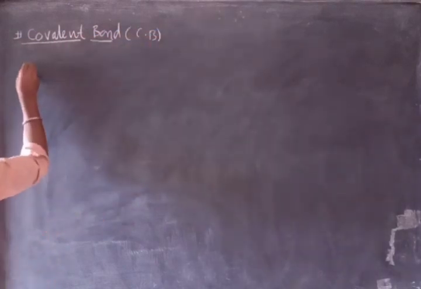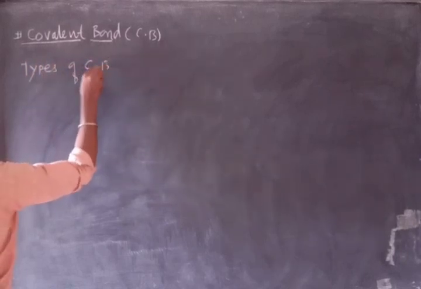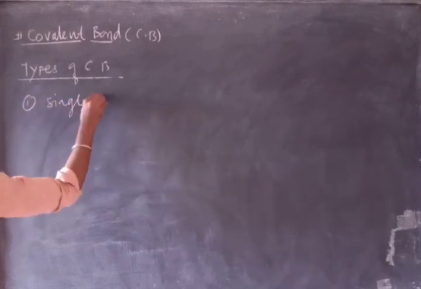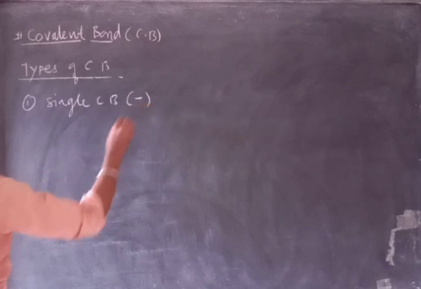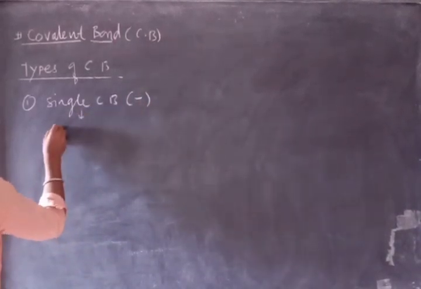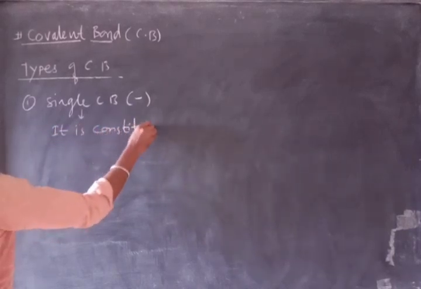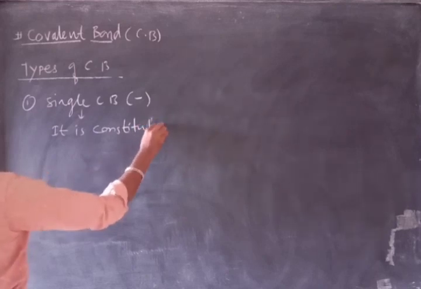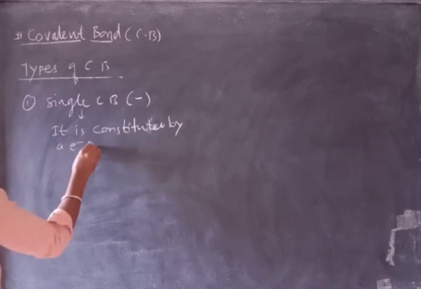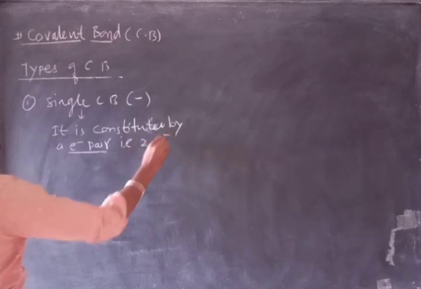So in the previous class we have learned there are three types of covalent bonds, in which the first is the single covalent bond, which is shown by a single dash, and it is constituted by an electron pair, that is, two electrons.